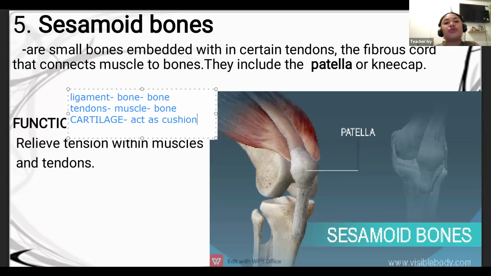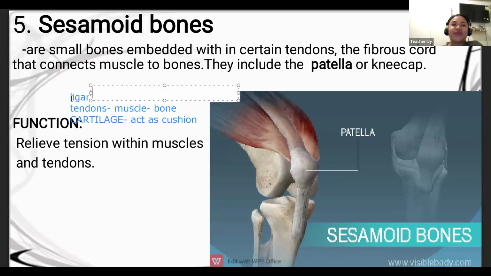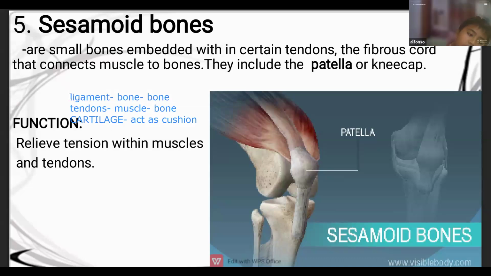It acts as cushion to avoid our bones' friction. I hope you would not forget this because our next topic would be all about joints, and you will know why joints is not a connective tissue. Okay, we are down to the last one.